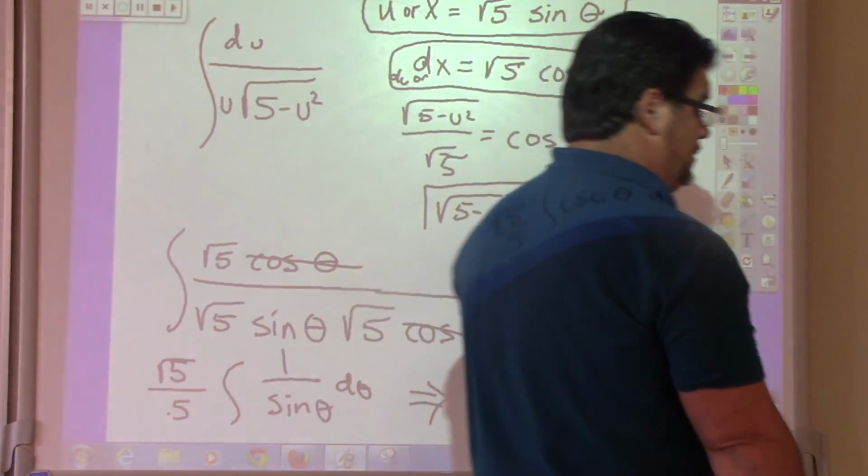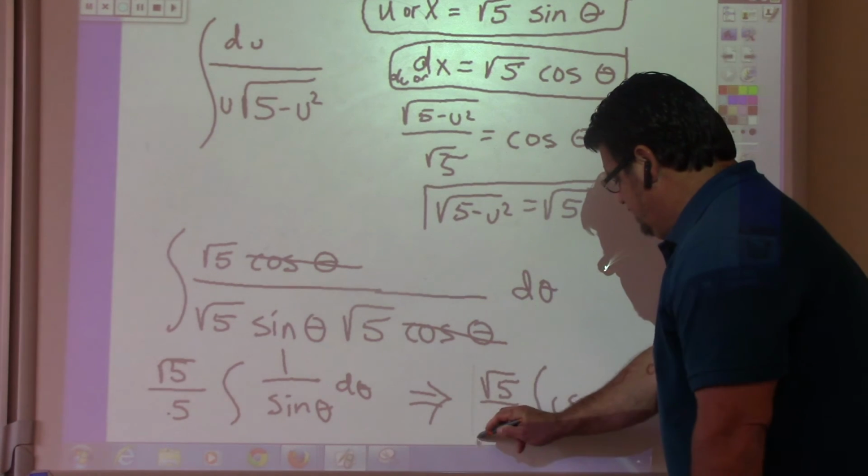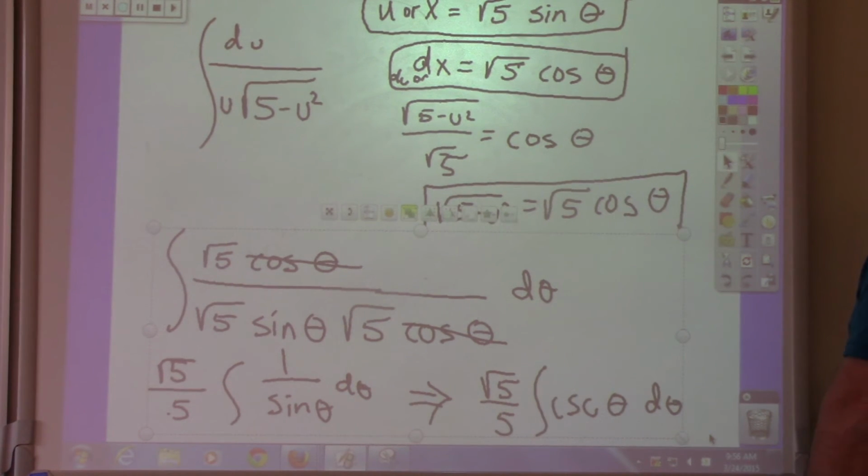I meant the antiderivative. So you have to look it up if you can't remember it. What is it? Natural log of cosecant minus cotangent? You might have to look it up. So let's take this. Let's just do this.